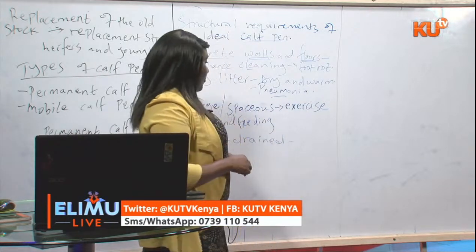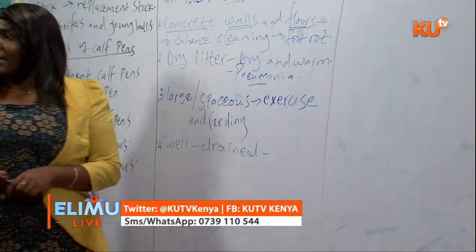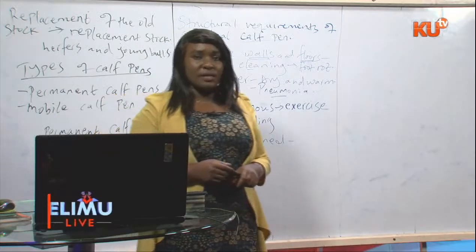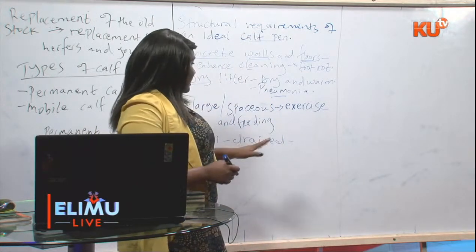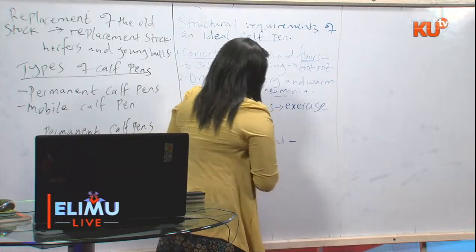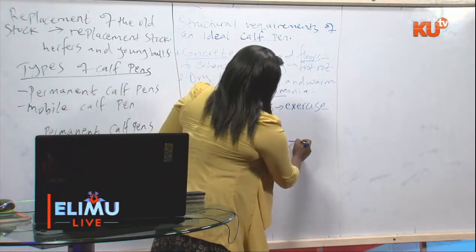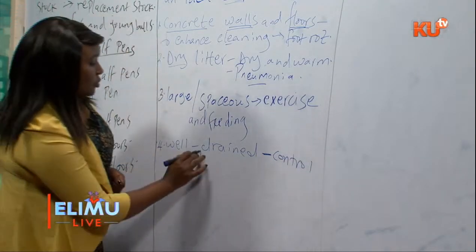It should be dry, that is well drained. The environment is not mushy, and therefore we need a dry area, to control, again, foot rot.